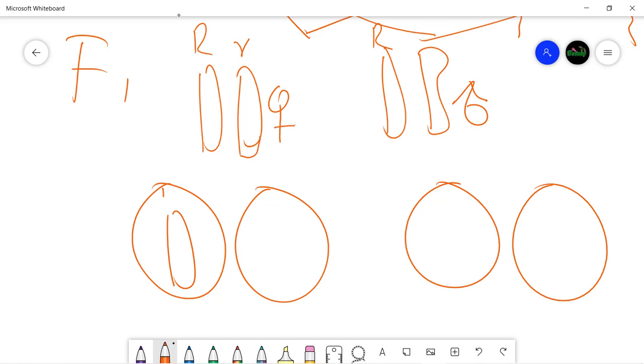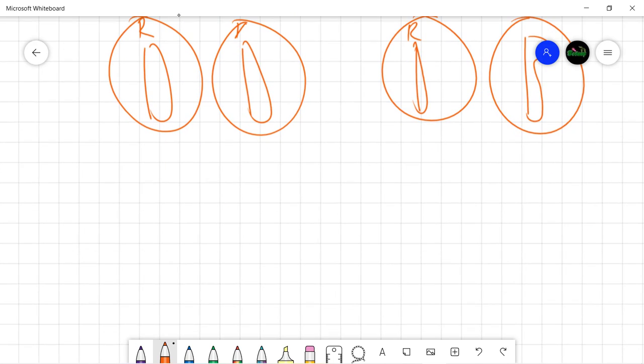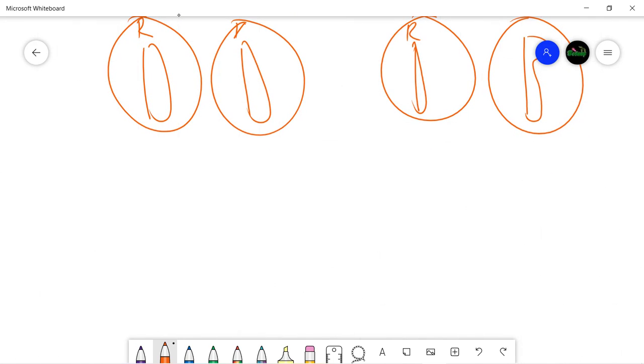These are the gametes of the female, the eggs, and they are 50-50. Similarly, the male has R, the red eye color allele, and the other gamete carries the Y chromosome. So this egg can be fertilized by this particular sperm.